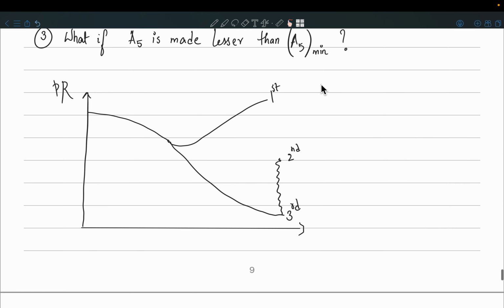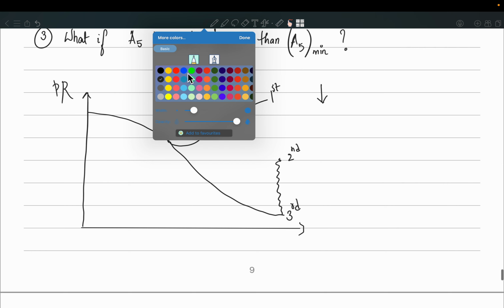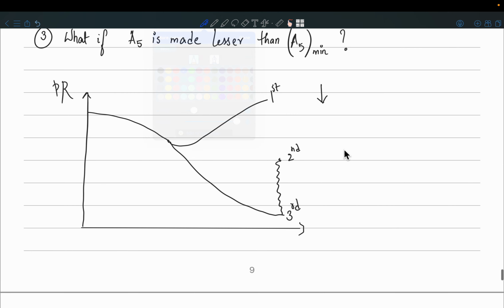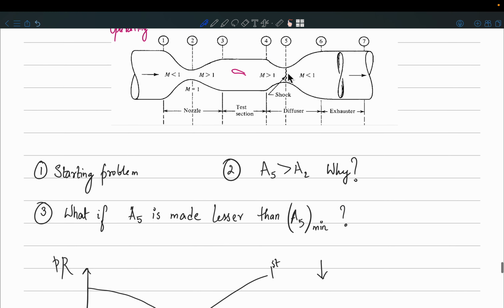But what we are doing, this is my pressure ratio. I am decreasing the receiver pressure continuously. So I cannot expect to jump suddenly from the first to the third. Ideally I want to operate at third critical, and that is never going to happen. You can never have a supersonic wind tunnel where there is no shock, isn't it? The shock will always sit in the diffuser. There will always be a shock.